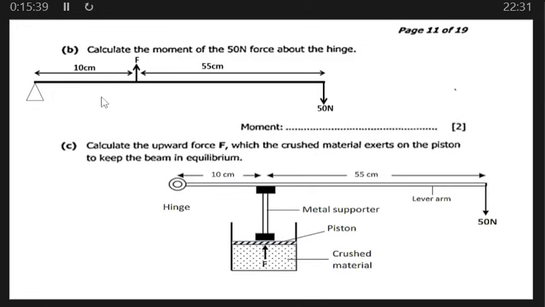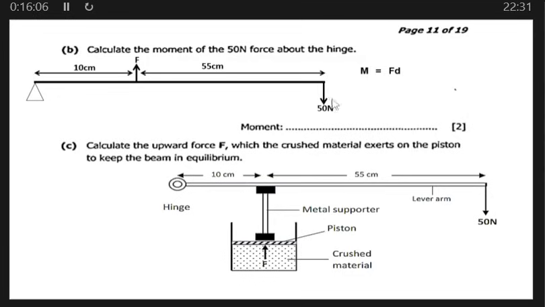So what we are going to do now is to introduce the formula for calculating the moment. The formula is M, which stands for the moment, is equal to force times distance. This force is this force here, and this distance is the distance between the pivot and the line of action of the force.